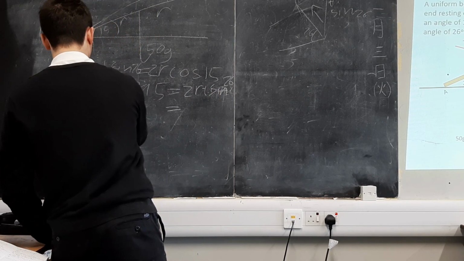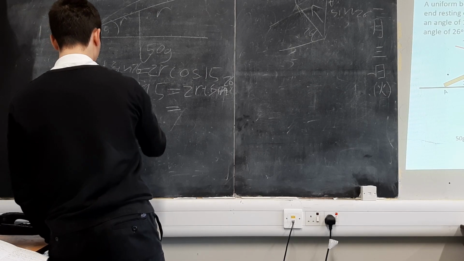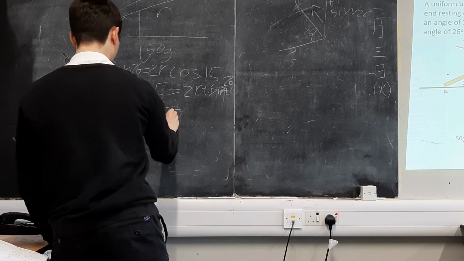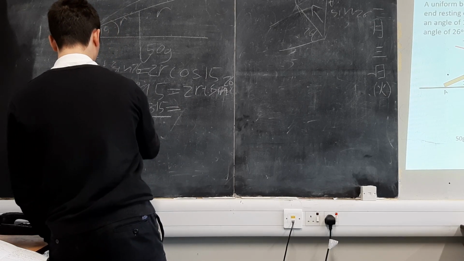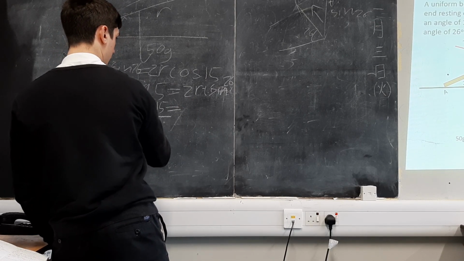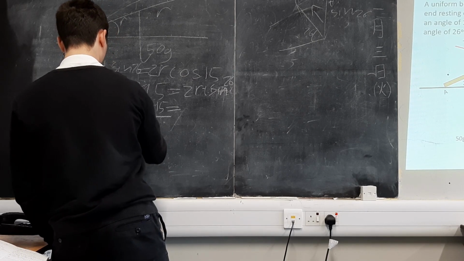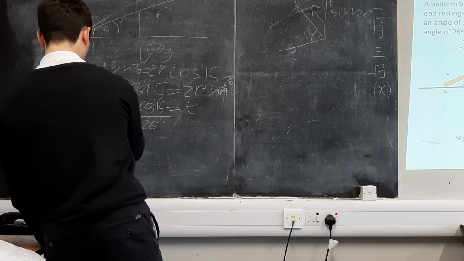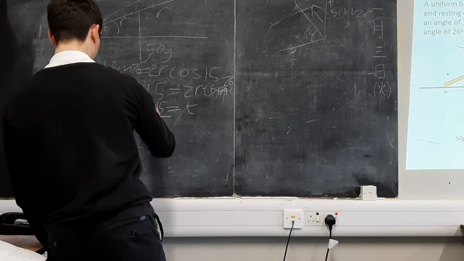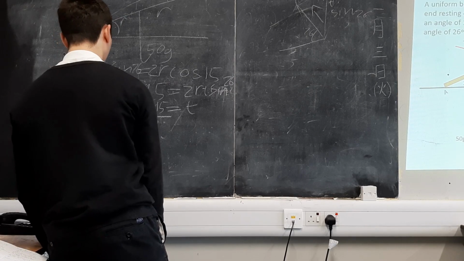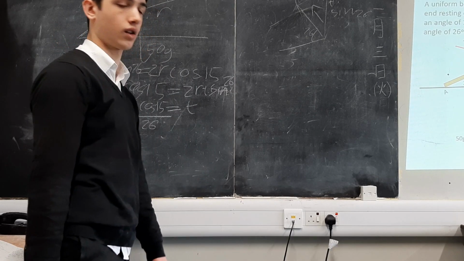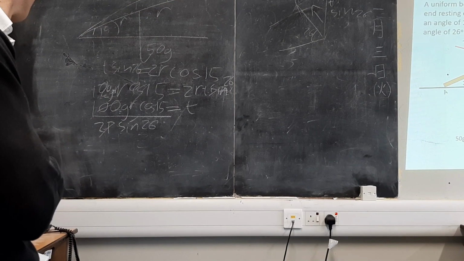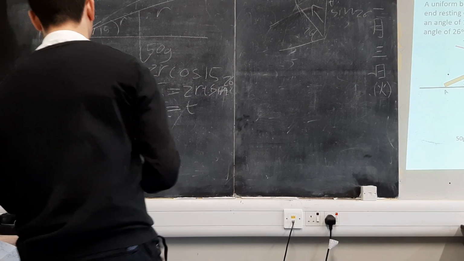So I'm just gonna rewrite it again. 100 G R cos 15 divided by 2 R sine 26 equals T. This cancels. So then you're just left with T. Calculator, please. What is that? Oh, why did I do that?